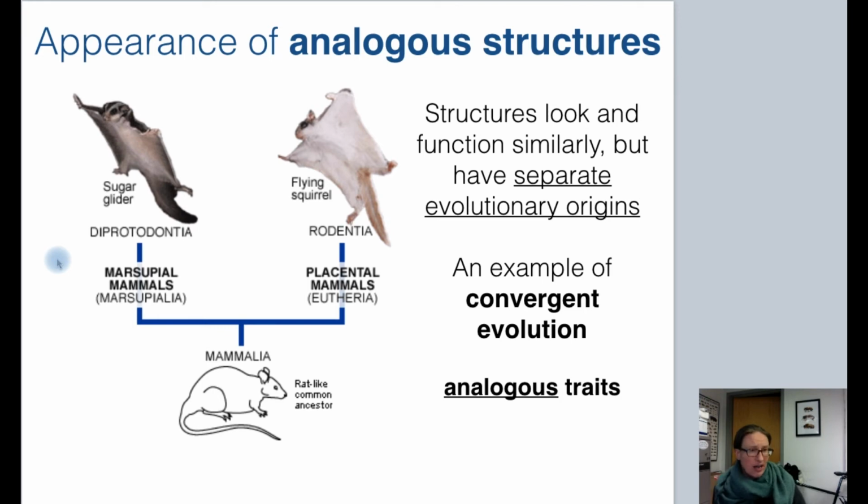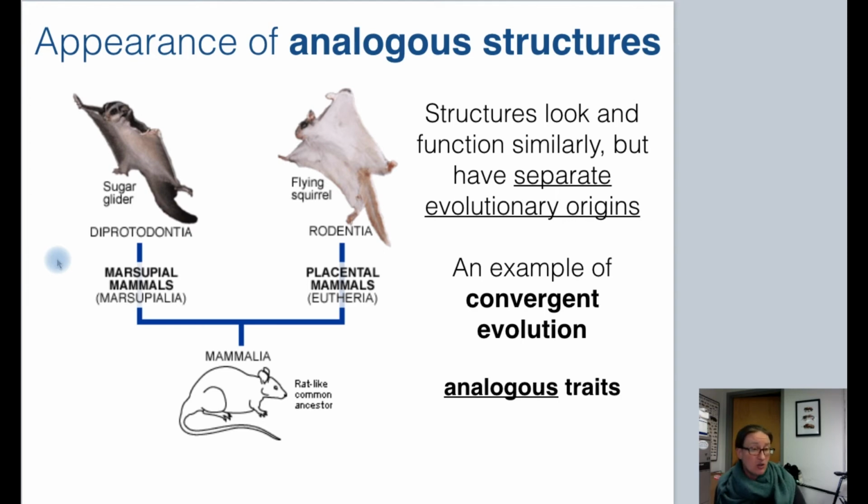We contrast these types of structures, similar structures but with separate evolutionary origins, with homologous traits by referring to them as analogous traits. If you think about the word analogy, it refers to something that's similar, but not the same, right?